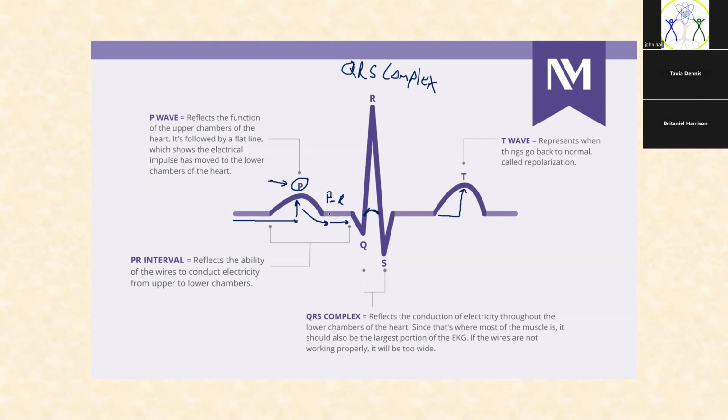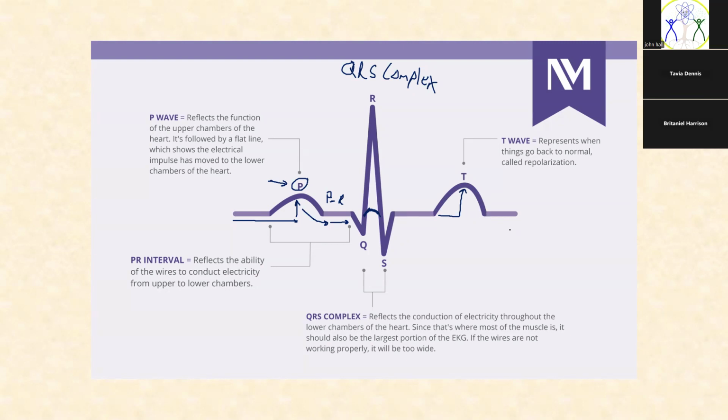Then the voltage drops down, then the ventricles will contract, causing ventricular depolarization here. While this is happening, the atria are relaxing, just atrial repolarization, but you can't see it because it's hidden by the ventricles contracting. Then now the ventricles start to relax, generating another voltage spike, and this is your T wave.